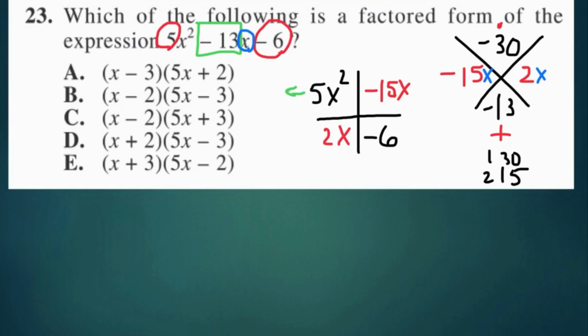And then what you would do next is you would factor both horizontally and vertically. So if we factor the first row, we can obviously take out 5x.